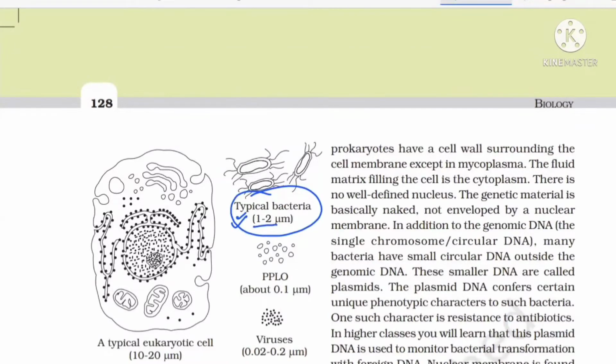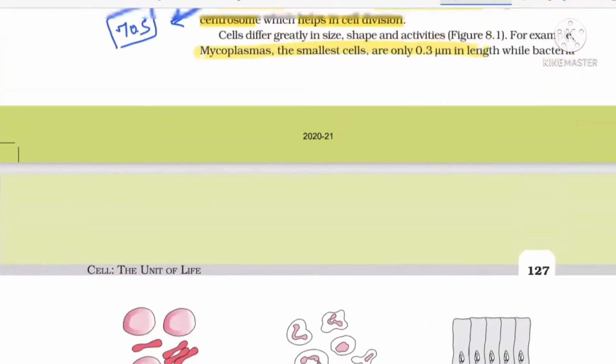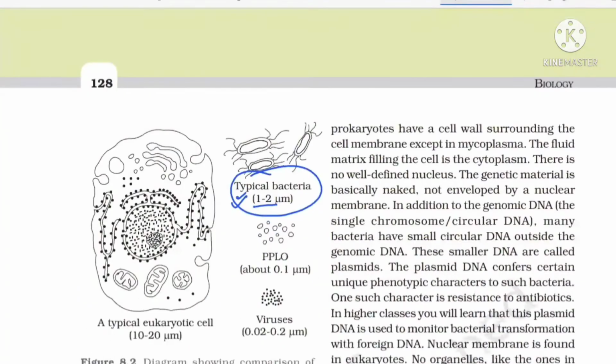You know mycoplasma, what are they giving? NCERT is telling us it is only 0.3 micrometre in length. And PPLO is 0.1. PPLO is a category within mycoplasma only.